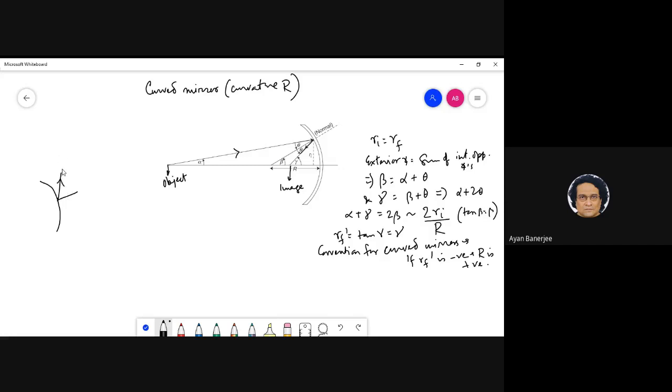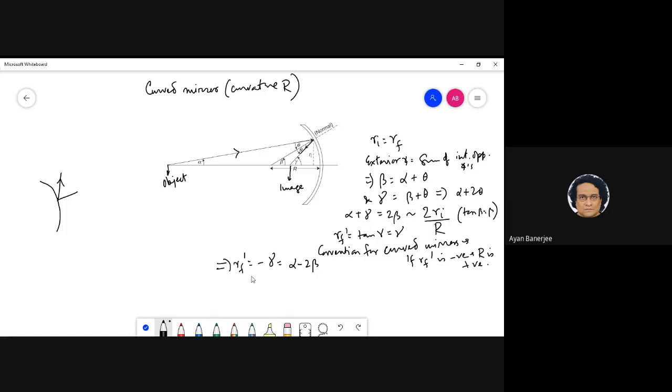So the Rf dash is going to increase, so R is negative. Okay, so then from here we basically can say that Rf dash is minus gamma, right? And minus gamma, gamma is 2 beta minus alpha, and minus gamma is alpha minus 2 beta, right?